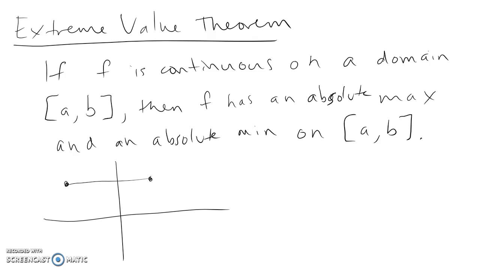Let's say our function f is constant for a bit and then ends up, oops, I'm sorry, I want to make it lower. And then ends up going like this. And we'll say that this is A down here and that this is B. So notice it's continuous, it keeps going from A to B. Okay.